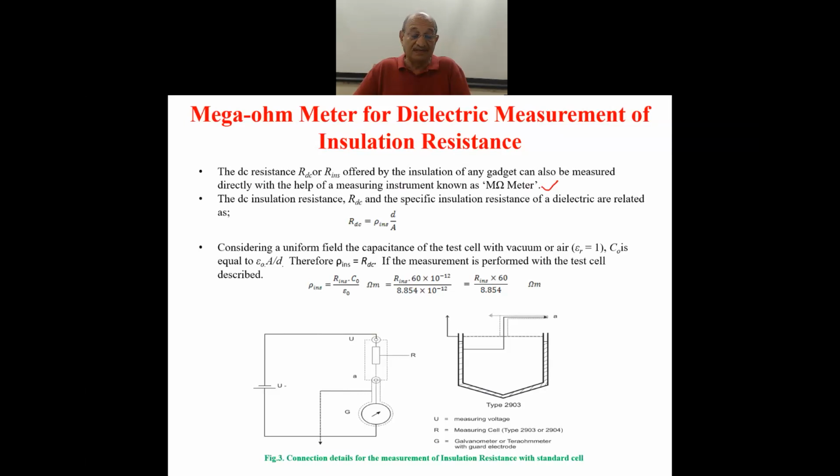So DC resistance, RDC, or you can say R insulation, offered by insulation of any gadget can also be measured directly with the help of a measuring instrument known as a mega ohm meter. So in case of solid dielectric, you can measure the DC resistance between the high voltage electrode, which is actually at open circuit conditions, and the ground.